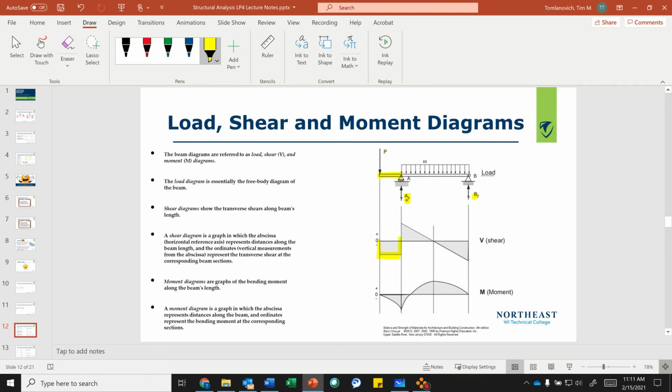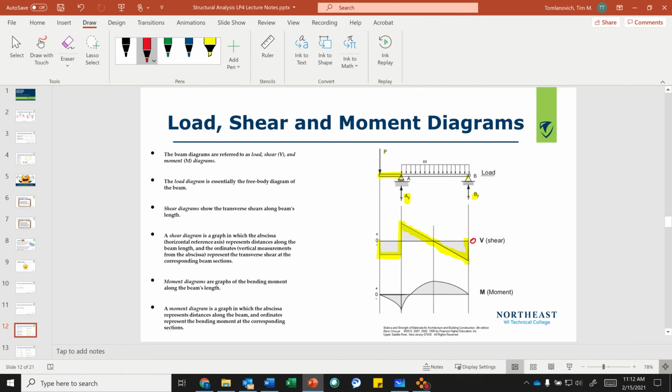So this plus this will give me this, right? And now for every foot, it's dropping on that distributed load. So it keeps coming down until I get to point B, and then I add this reaction, and it should equal 0. The key is 0. It always goes back to 0.